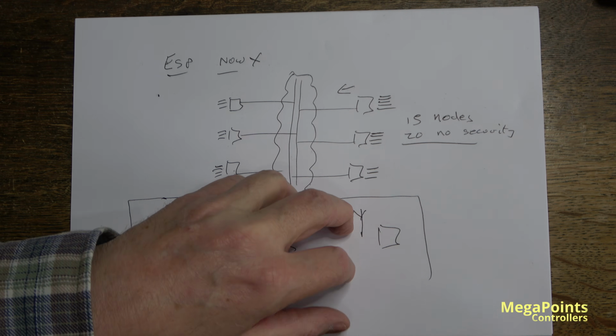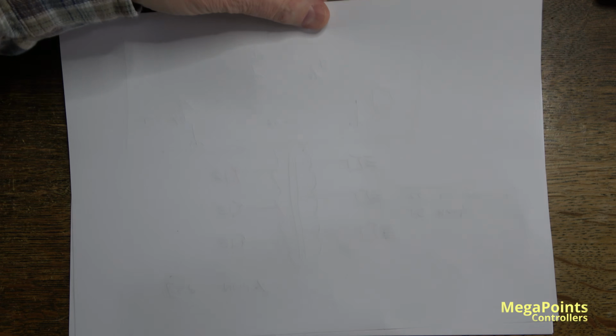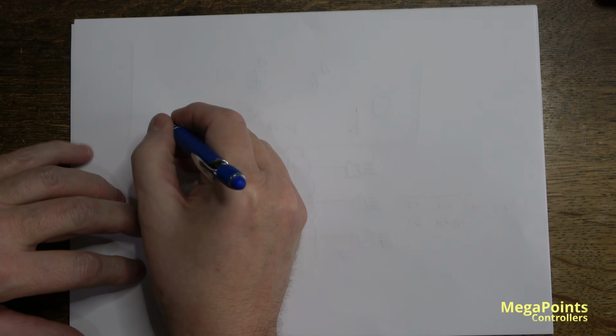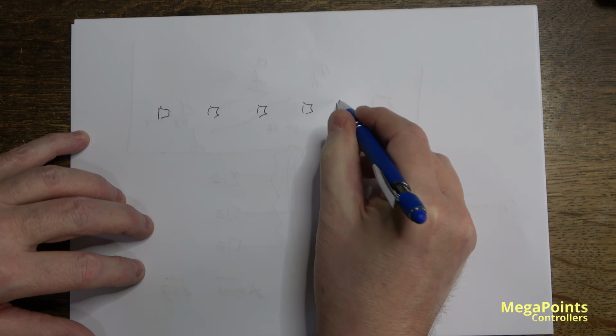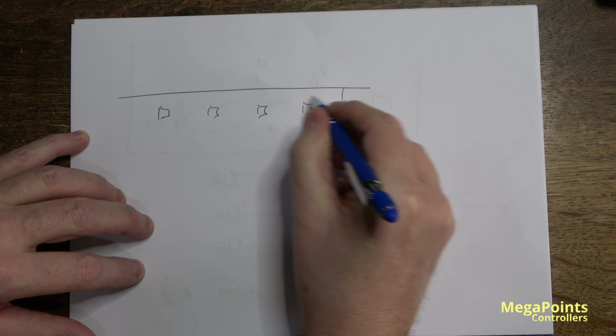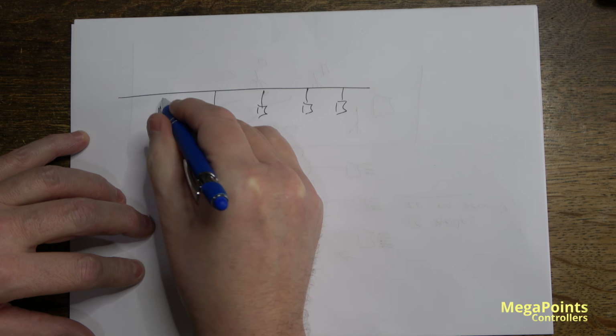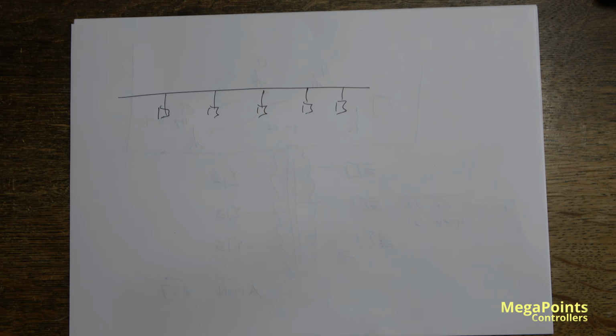If we look at a wired network, say we're running on Ethernet, for example, we have a number of boards on our Ethernet cable, and we can all communicate, and that's fantastic.